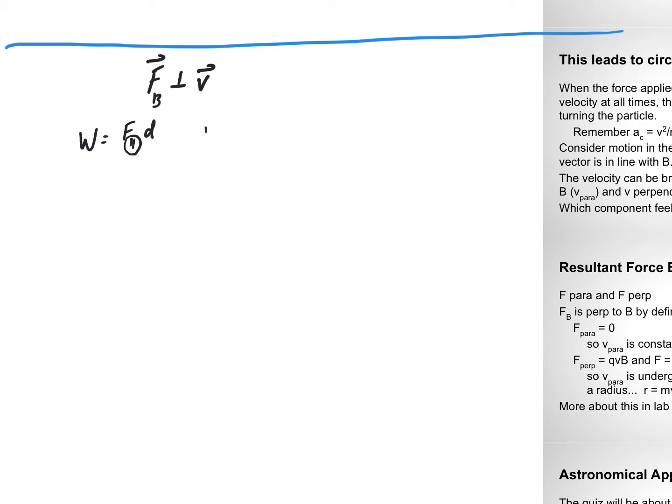So work only occurs if the force is parallel with the motion. And I just said the opposite thing. Magnetic force is always perpendicular, but in order for work to be done, it needs to be parallel. Therefore, the work done by a magnetic field is zero.